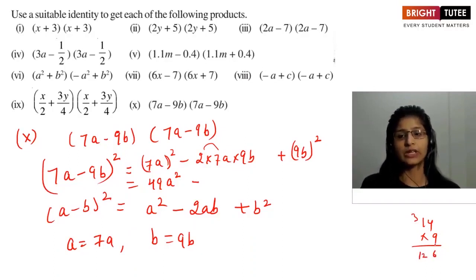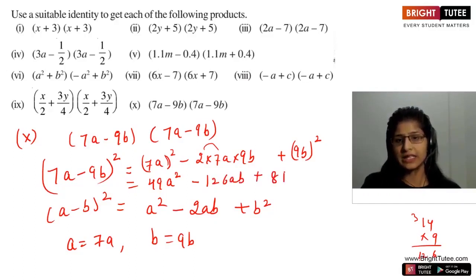Right? Just do it again. 9 fours are 36, 3 I have taken as carry, 9 ones are 9 and 3 is 12. So we get 126ab plus square of 9 is 81 b square. So this is the answer.